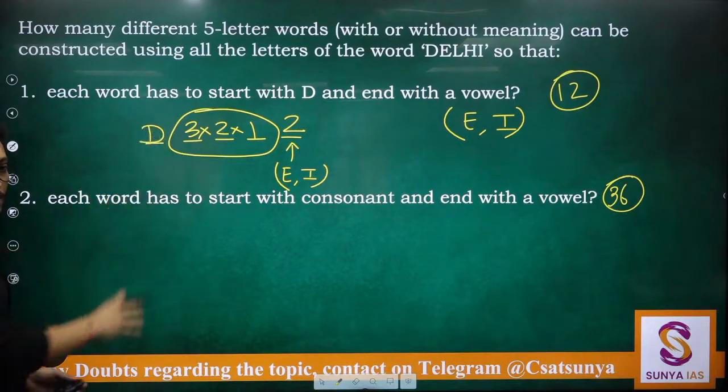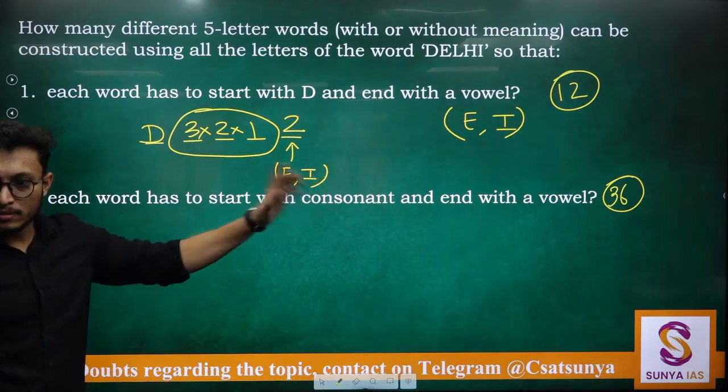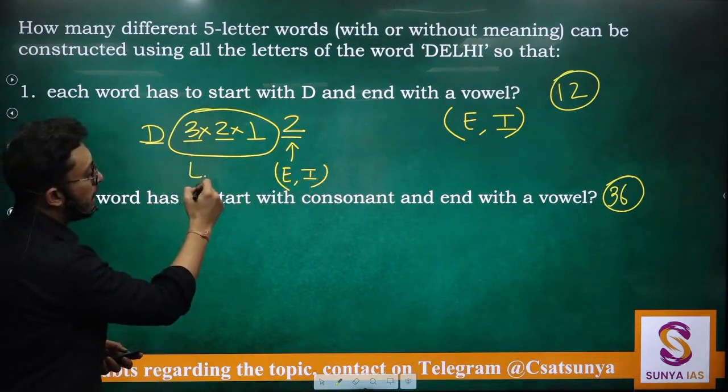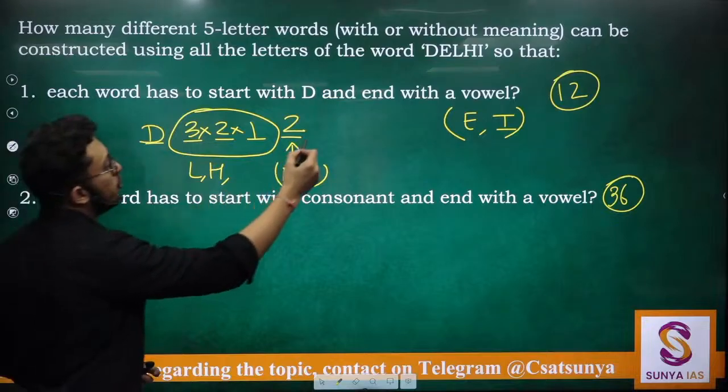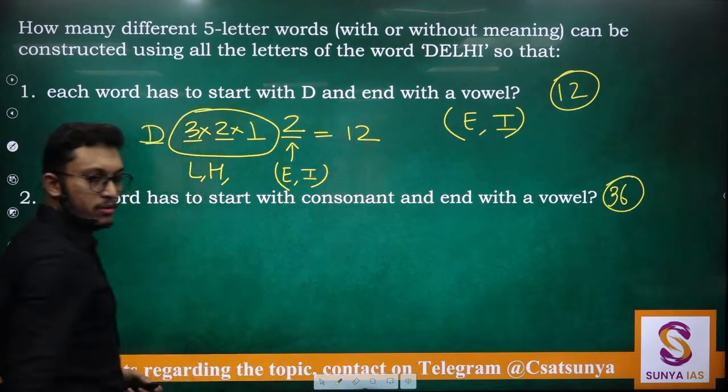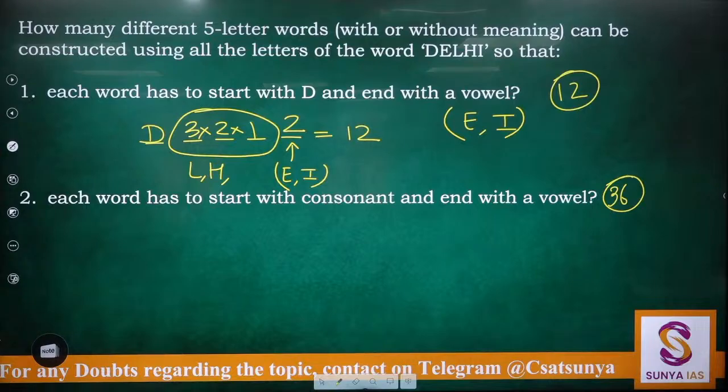D is already gone. 1 of E and I gone. I am left with L, H and either of these. So in total 12 ways. Fine. Each word has to start with a consonant and end with a vowel.